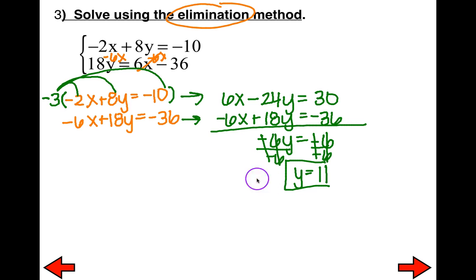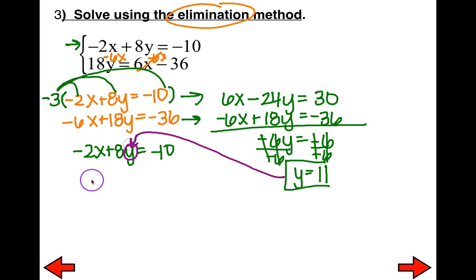But we're not done. We're going to have to plug that into one of the originals. I'm going to go ahead and pick the first one here. So we have a negative 2x plus 8y equals negative 10. I'm going to go ahead and plug in this y in for just the y. So I'm going to get negative 2x plus 8 times 1 equals negative 10.